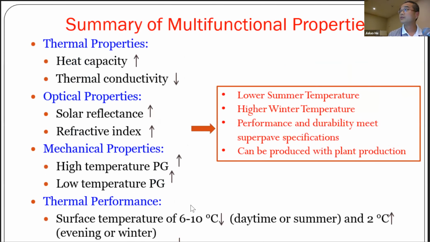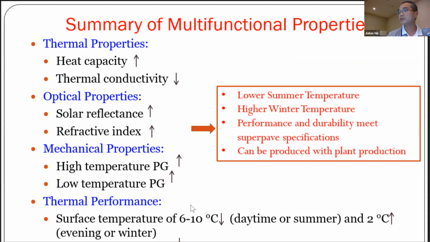So essentially, from this multifunctional characterization, the general observations are that introducing solar adaptive components into asphalt binder and asphalt concrete design leads to changes in different multifunctional properties: thermal, optical, and mechanical.